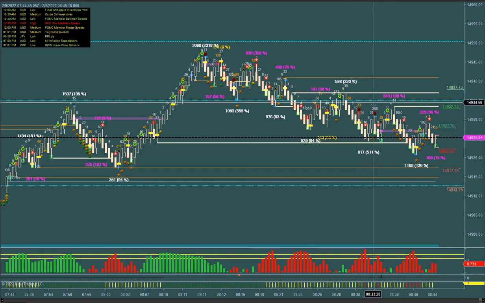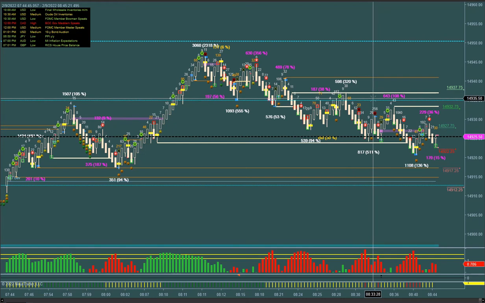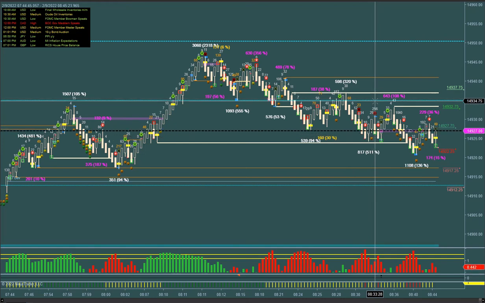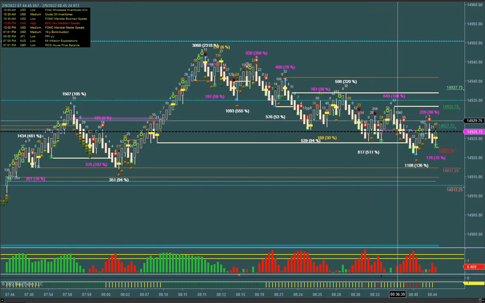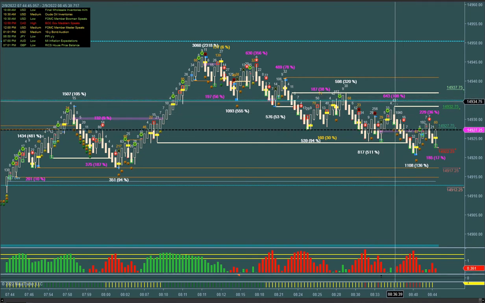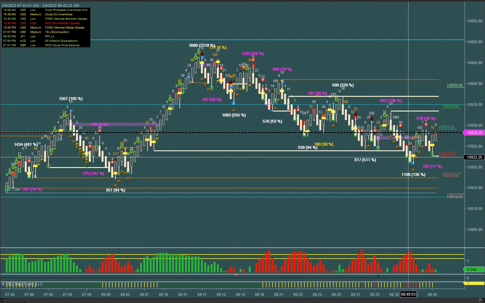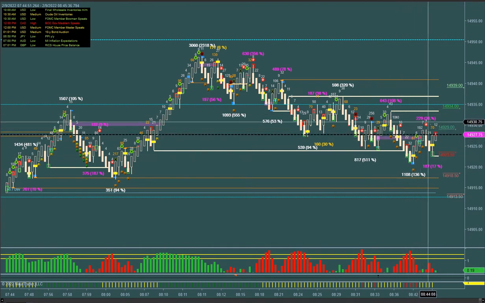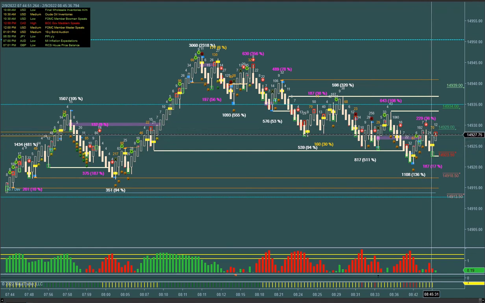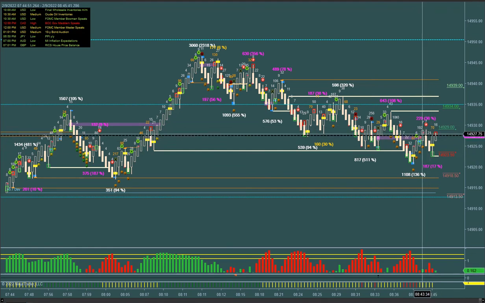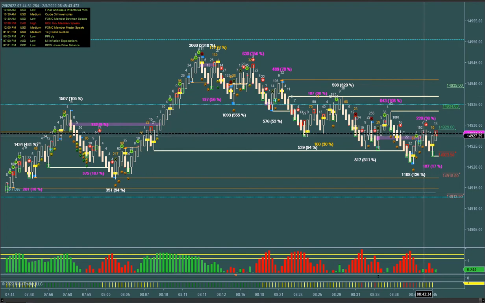We call an HD, hidden divergence, if this is 125% or more, then you have a higher probability of this continuing down. So on this pullback, had this been 125% or more, I would have felt better about taking it down. But it's not.